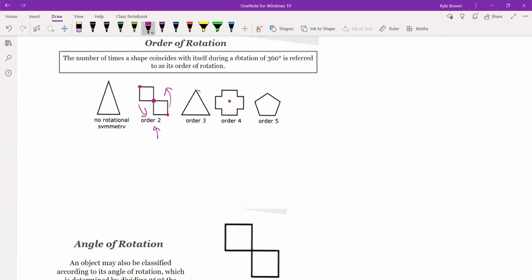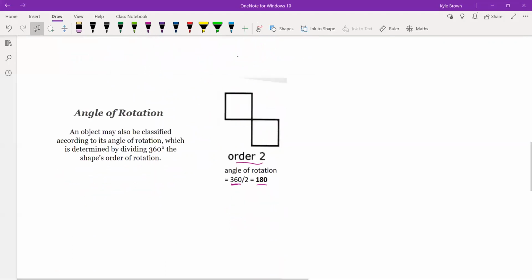So one like this, right, if I want to figure out what the order of rotation of this one was, well, order of rotation of 3, so it would just be 360 divided by 3. So 120 degrees, right? Okay, moving on.